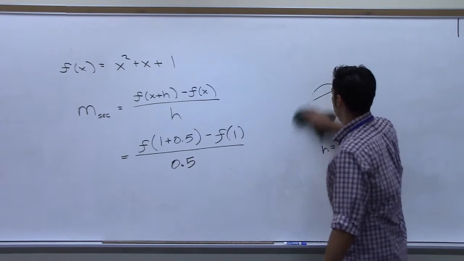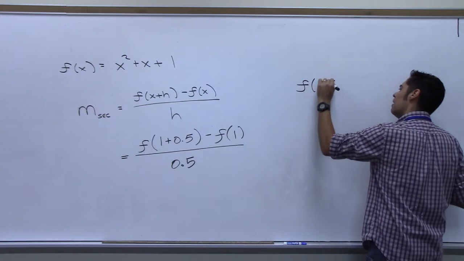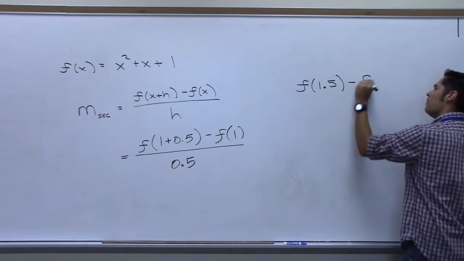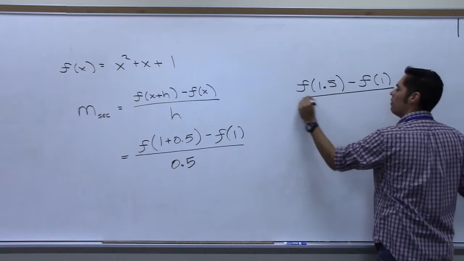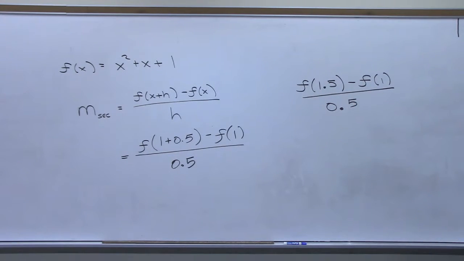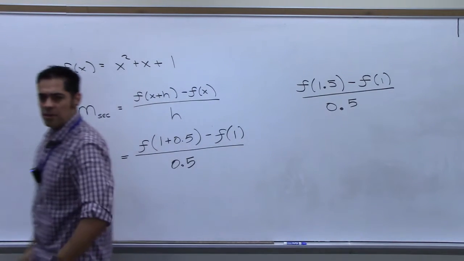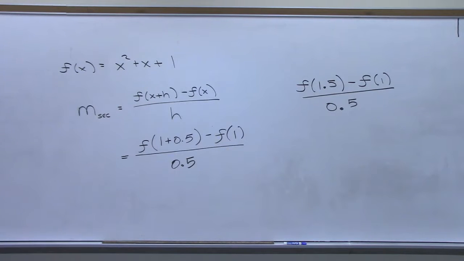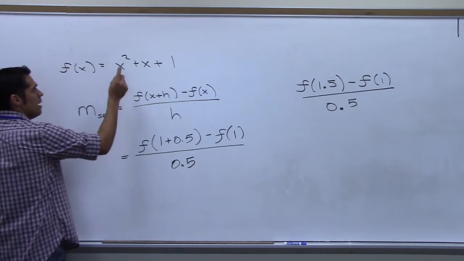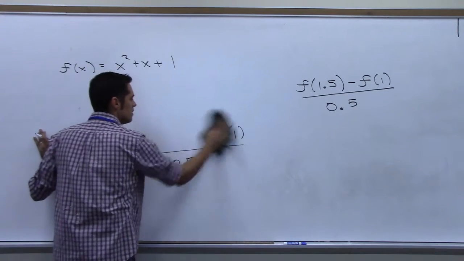Cleaning that up a little bit, before I plug in, this is f of 1.5 minus f of 1 all over 0.5. So you'll probably need a calculator now if you're going to plug 1.5 into the function, unless you want to deal with fractions. Go ahead and get your calculator out and plug 1.5 into this, and someone tell me what they get on their calculator.